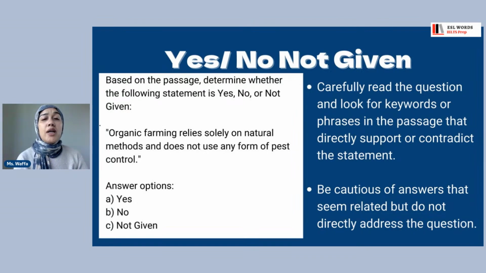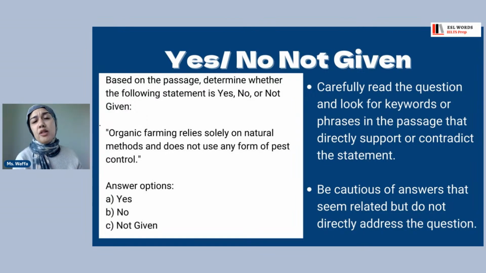And guys, one other thing to remember is another question type you may be given is called the yes, no, not given question. So this type of question is a little similar to true, false, not given, but it's not the same.